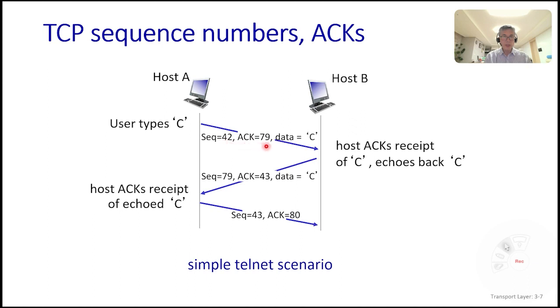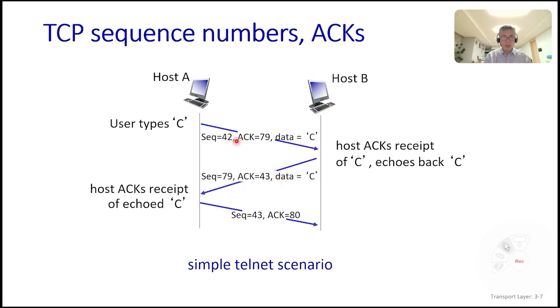Assume the TCP connection between host A and host B is established. The current sequence number 42 sends one character C to host B, and the acknowledgement 79 indicates B's sequence number is 79. Then host A's sequence number is 42, acknowledgement is 43.